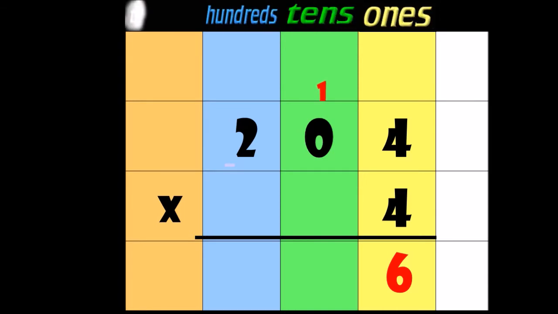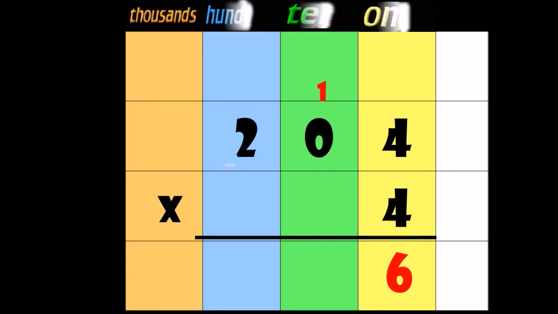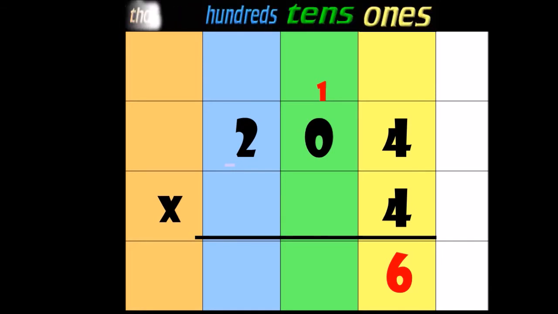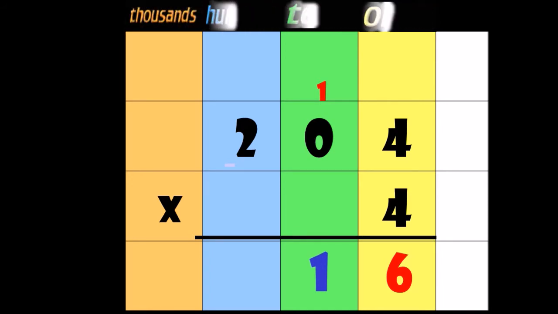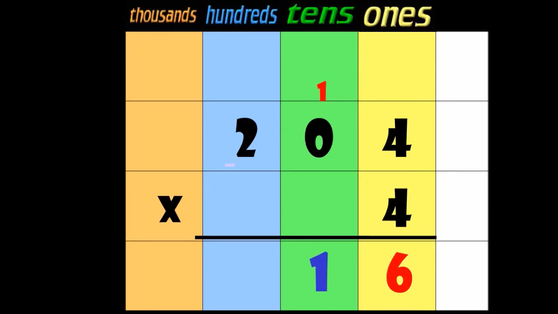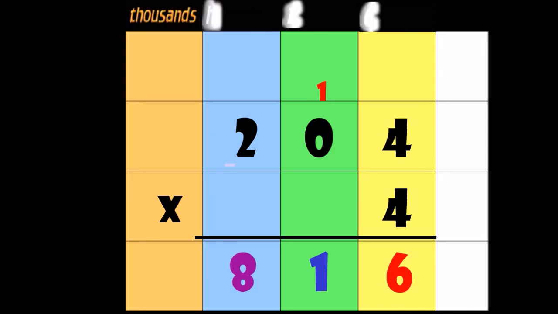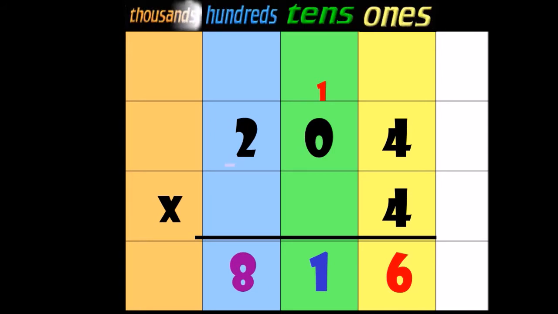So 4 times 0 is 0, but don't forget to add that 1. So a 1 gets placed at the bottom of the tens place. And last but certainly not least, 4 times 2 in the hundreds place is 8. 816. And I could tell an estimated product for this number sentence would be 200 times 4 is 800. So 816 is reasonable.